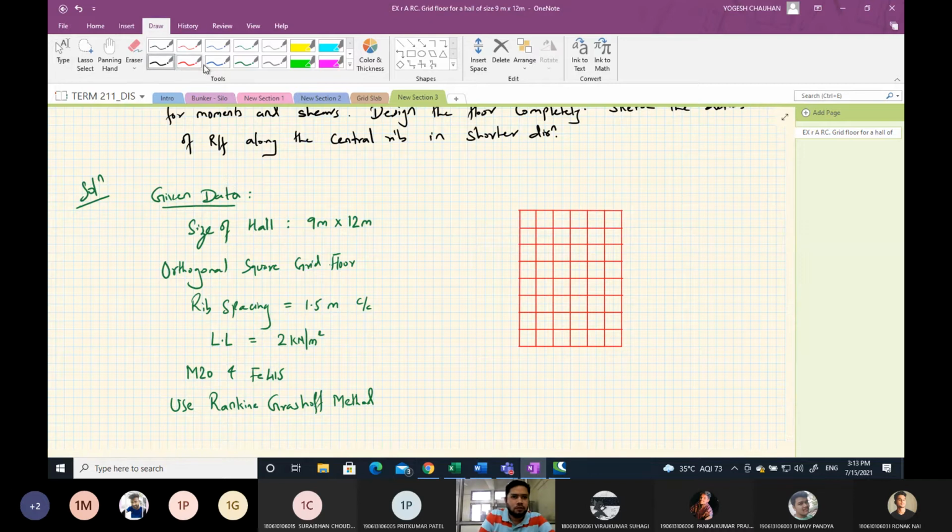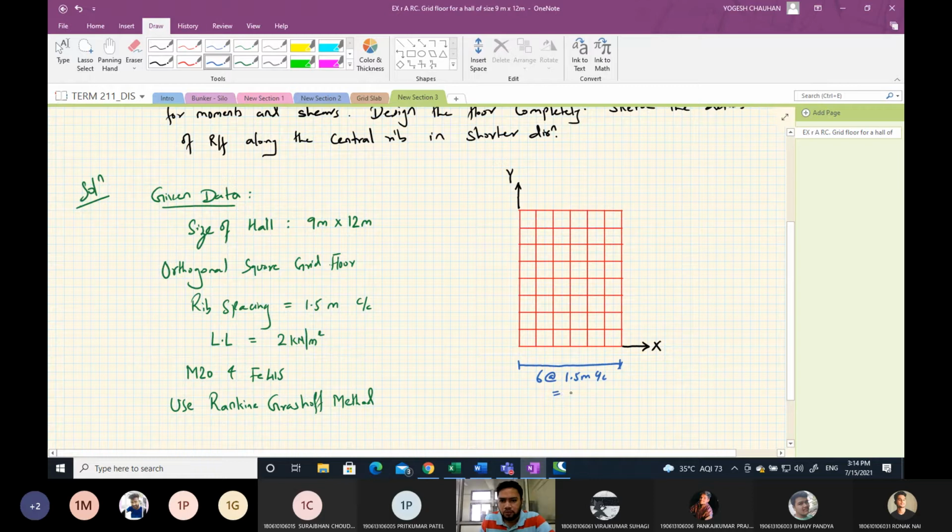Out of the grid floor, let this be X, this be Y. So we'll have 6 bays at 1.5 meter center to center.